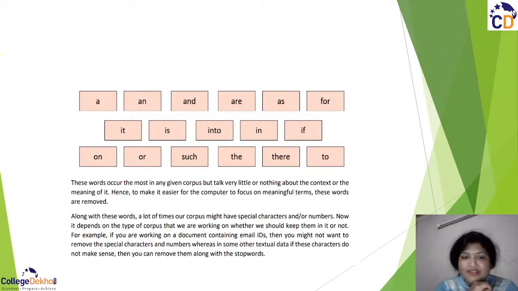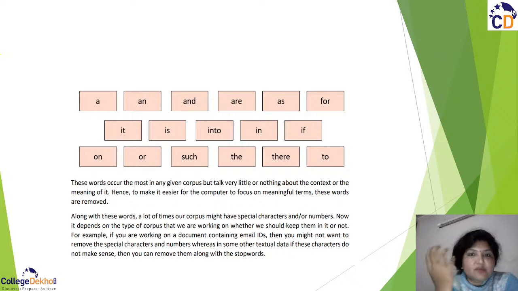And the numbers too. Suppose my email ID is something like ABC123. If I remove 1 2 3, can anyone understand my email ID? No. So you can't do so, right? Or in case you have your PAN number, can you remove the numbers out of it? No, right?